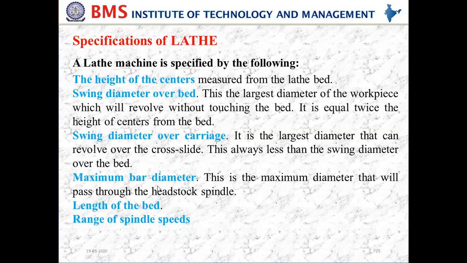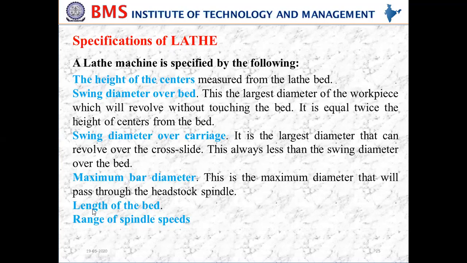Okay, and maximum bar diameter is the maximum diameter that will pass through the headstock spindle. And range of spindle speeds is also one of the specifications, which mentions the range of speeds at which it can operate.